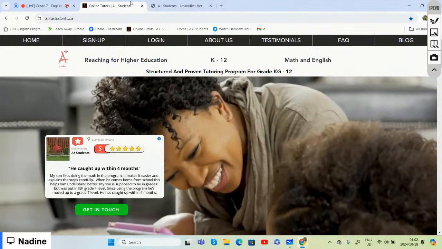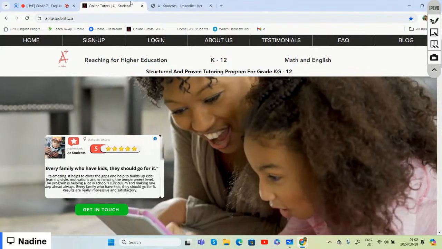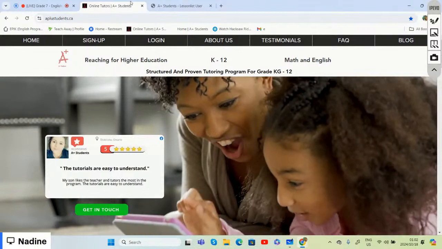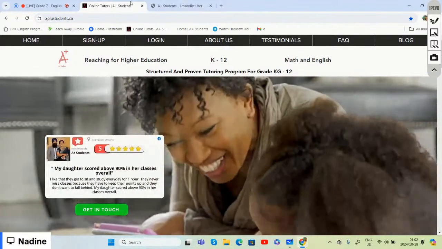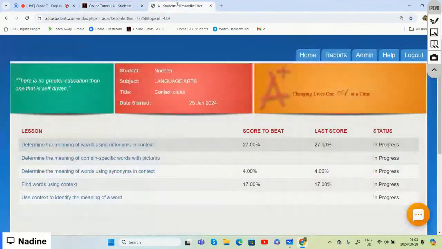We're doing grade 7. And then we're going to scroll down until we get to our chapter of context clues.